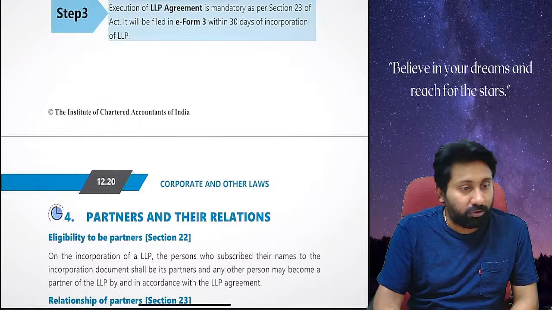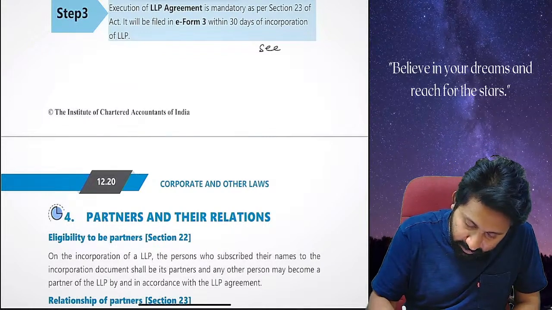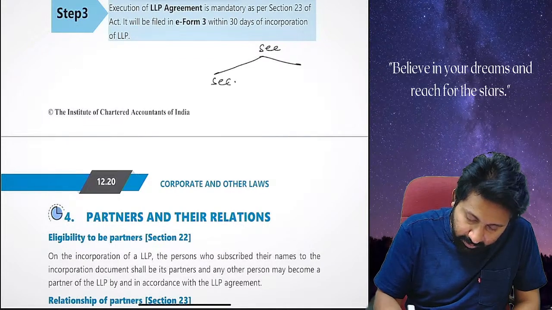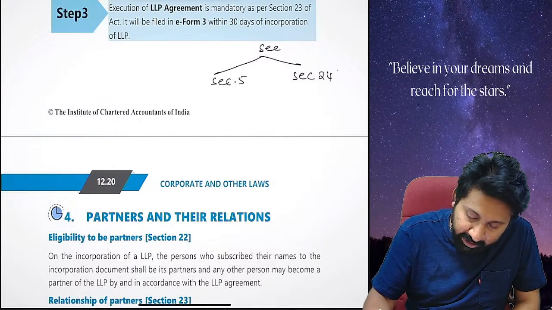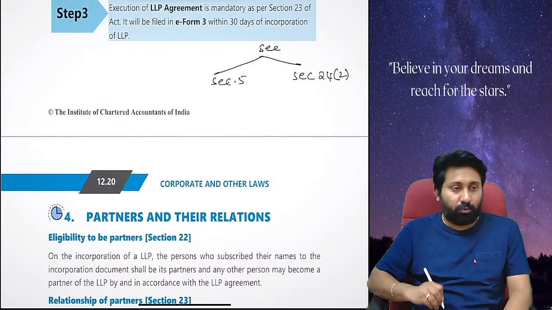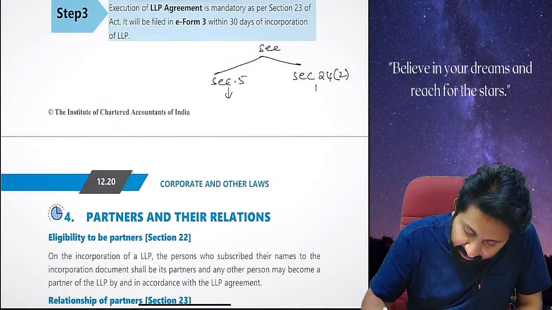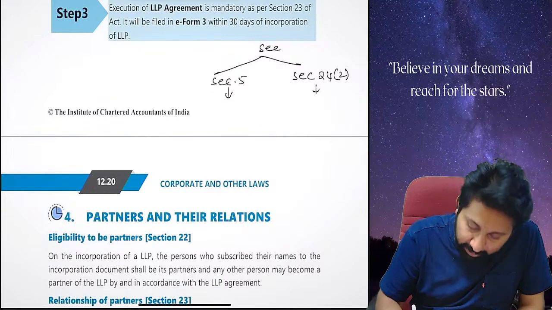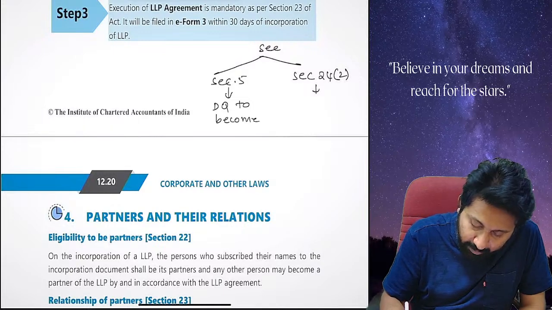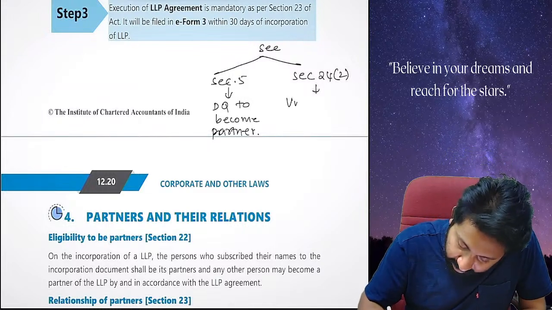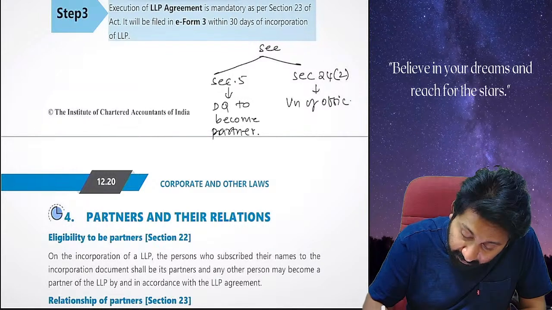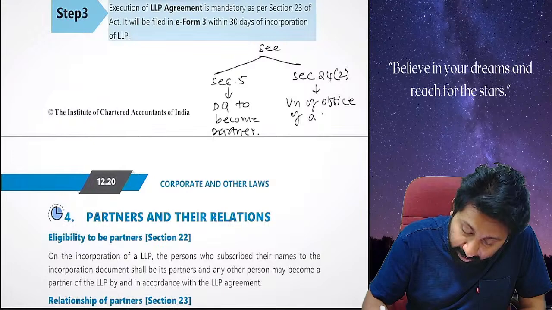There are 2 sections. Section number 5 and section number 24, subsection 2. Section 5 will be talking about disqualifications to become a partner. Section 24(2) will be talking about vacation of office of a partner.